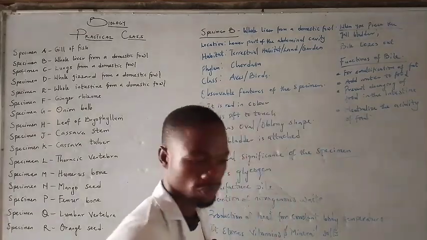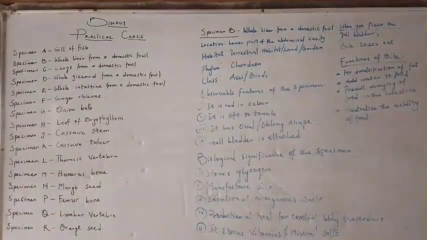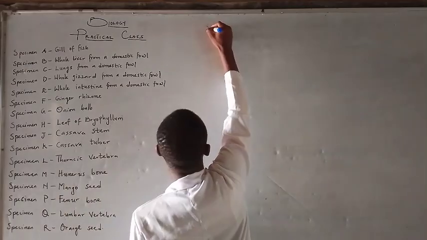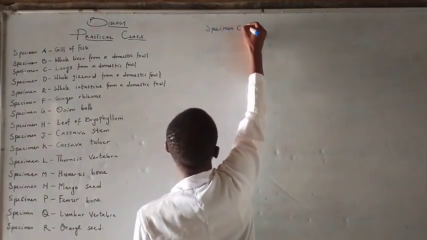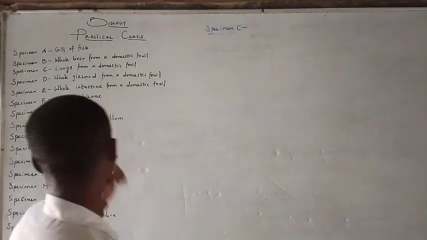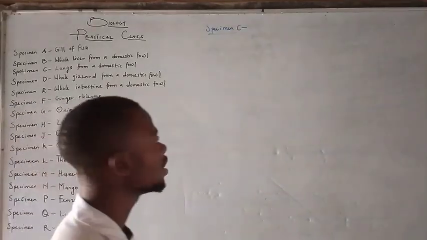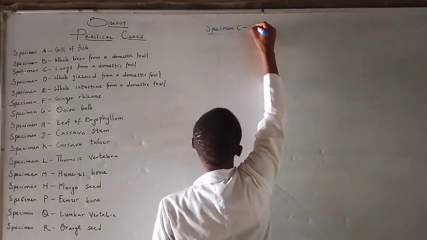Next one, please. Specimen C. Specimen C is lungs from a domestic fowl.